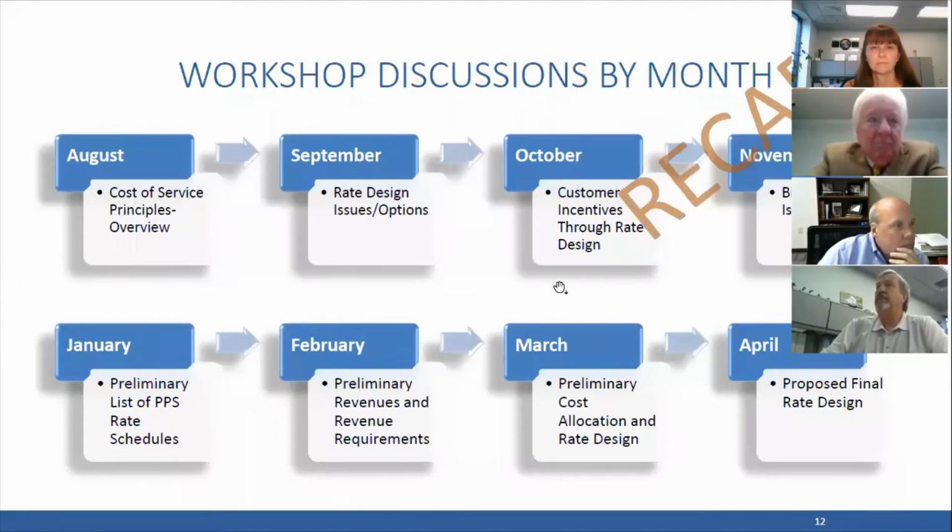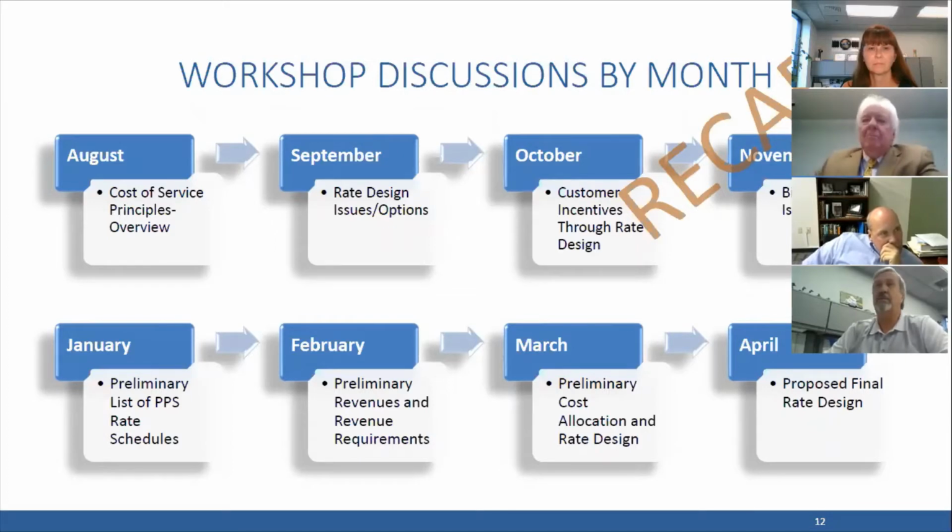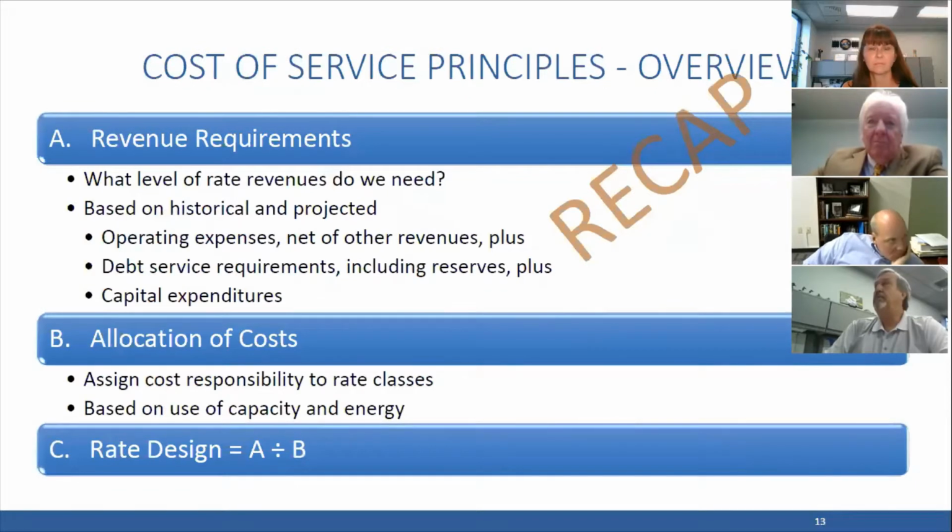So last month we talked about some cost of service principles, and this month we want to talk about some rate design concepts. Next slide. Just to recap, last month we talked about cost of service and basically revenue requirements, which are, what are the costs that need to be paid by the utility, and how do we allocate those costs to the different customer classes.